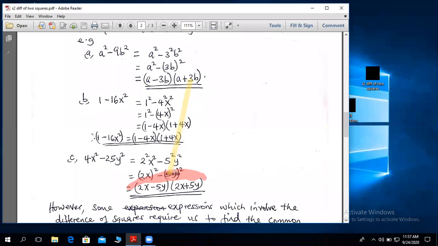When you have two squared numbers and you are subtracting them, the answer you get is the multiplication of their sum and difference. Their sum is 2x plus 5y, and their difference is 2x minus 5y.